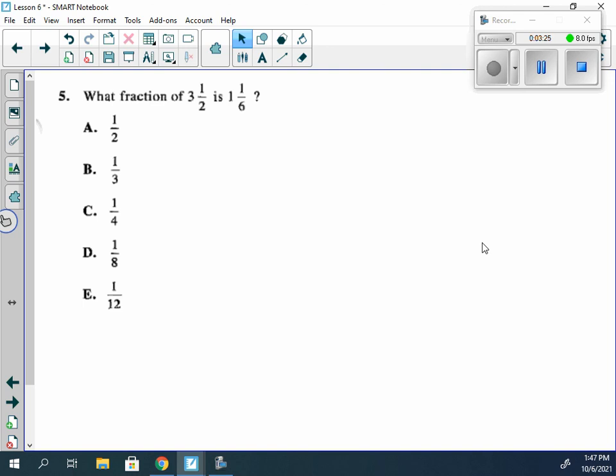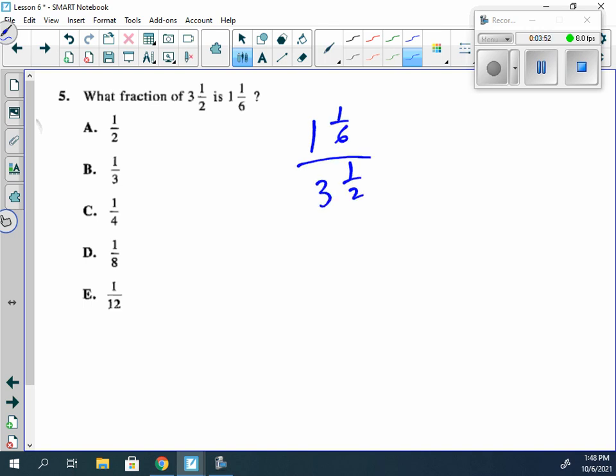Now this here's the next one we'll look at. What fraction of 3 1/2 is 1 1/6? So what fraction of 3 1/2 is 1 1/6? Yeah, because I think we're doing 1 1/6 over 3 1/2.